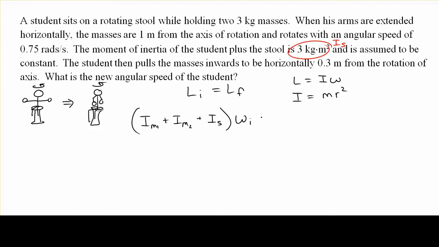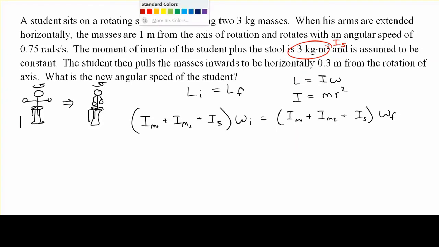And then afterwards, I still have those same objects. So in terms of symbols, it's still going to be I mass 1, I mass 2, plus I student times omega final. Except the thing that's going to be different is that these are going to be different from each other because my radius has changed.